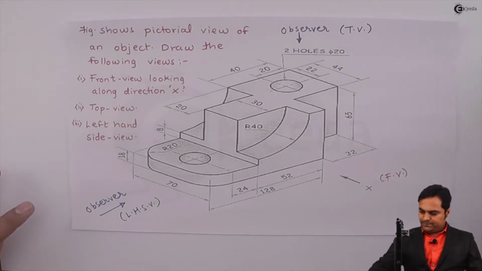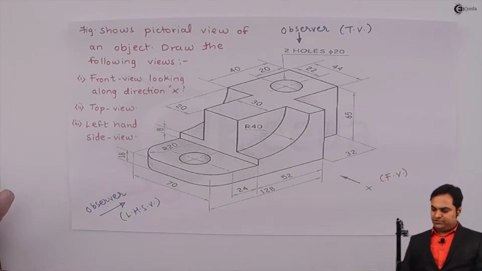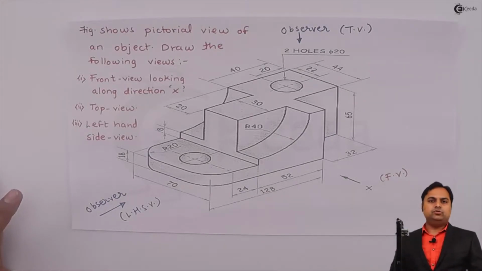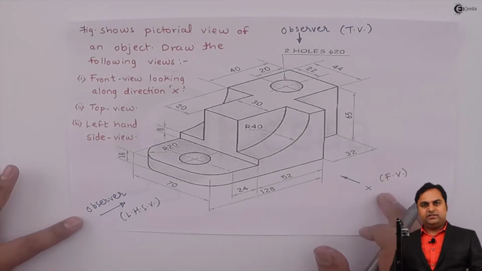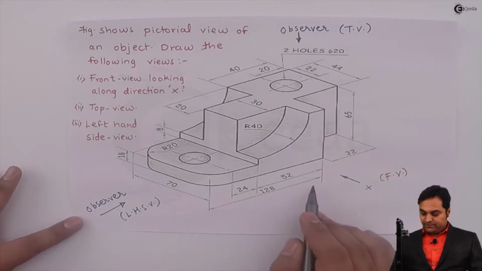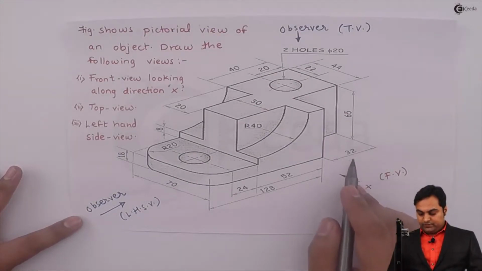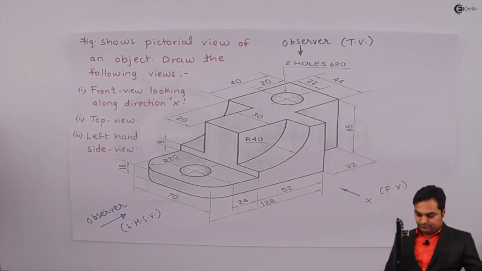After this, whenever we are solving any question related to orthographic projections, the first thing we should note down is the total length, height and width. So when we are along x direction, that is for the front view, the total length is 128 as we see here, plus 32. That gives me the value as 160. So I'll write down the total length.